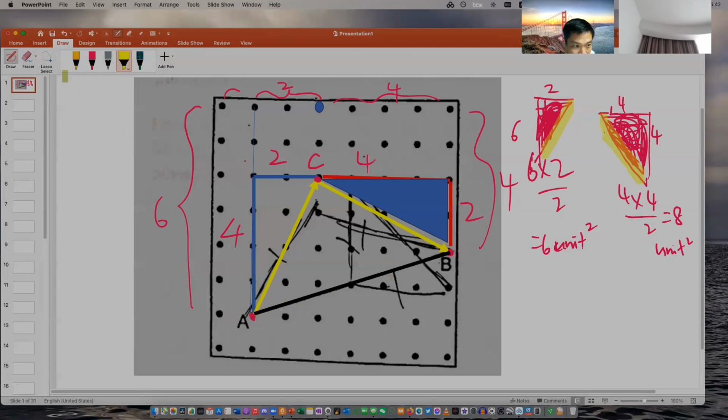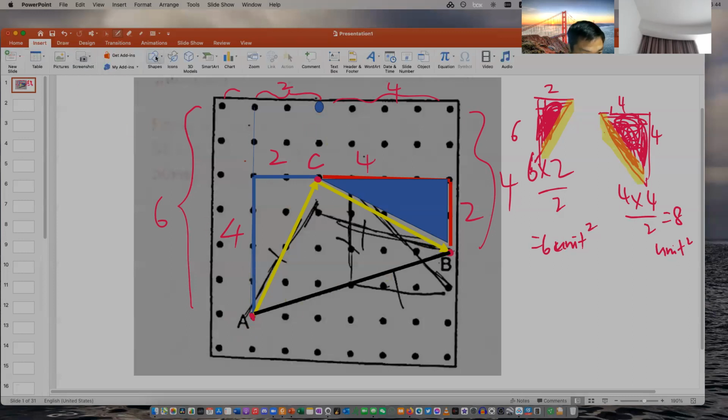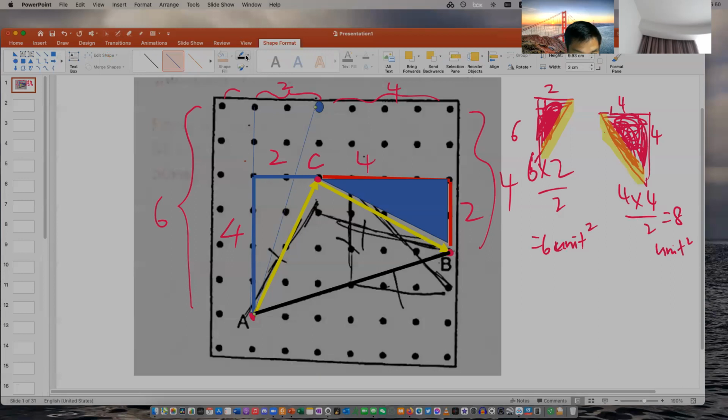So what I'm trying to say is, let's say you form a line here. Let me change this color. Unless you say this line is equal to this line, it's very hard to verify.